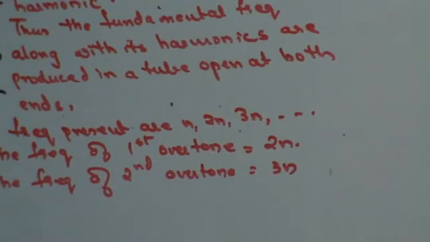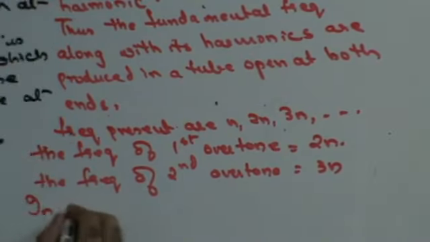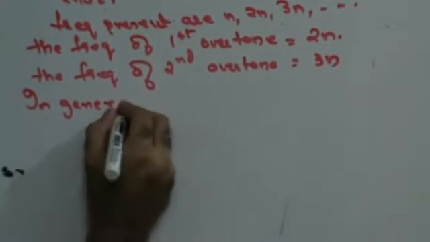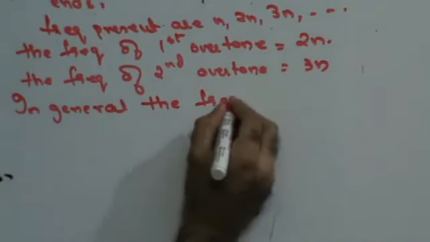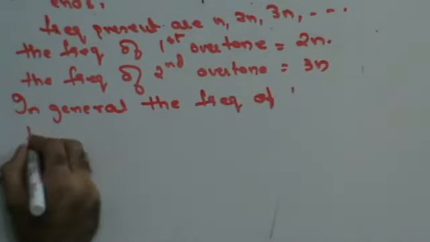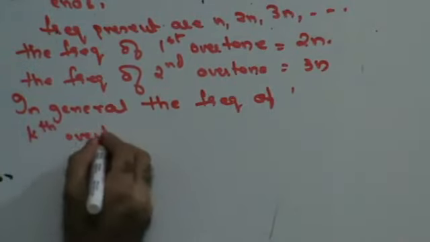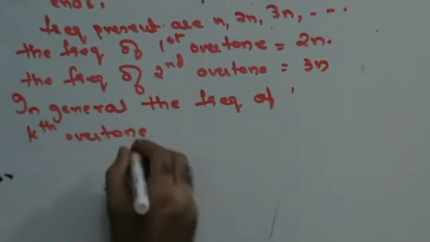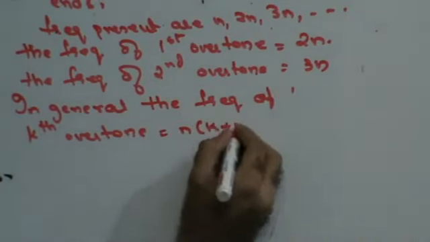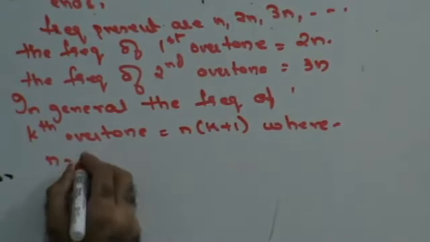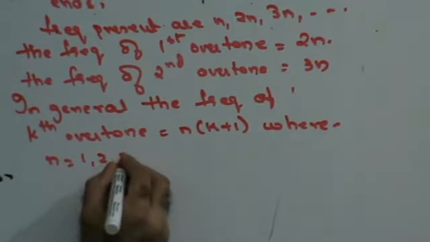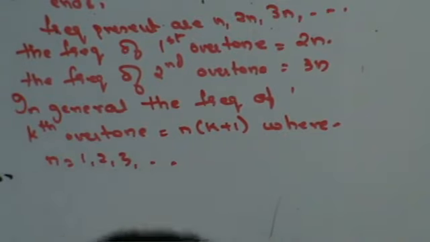Thus, in general, the frequency of the kth overtone is going to be equal to n times (k plus 1), where n is equal to 1, 2, 3 and up to infinity. So that's how you would have frequencies produced in a tube that is open at both ends.